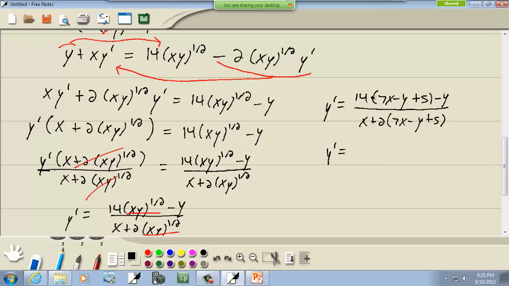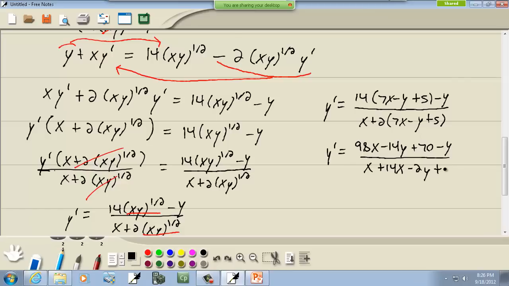Well, 14 times 7 gives us 98x. 14 times negative y is negative 14y. 14 times 5 is 70 minus y over x. 2 times 7x gives us 14x. 2 times negative y gives us negative 2y.